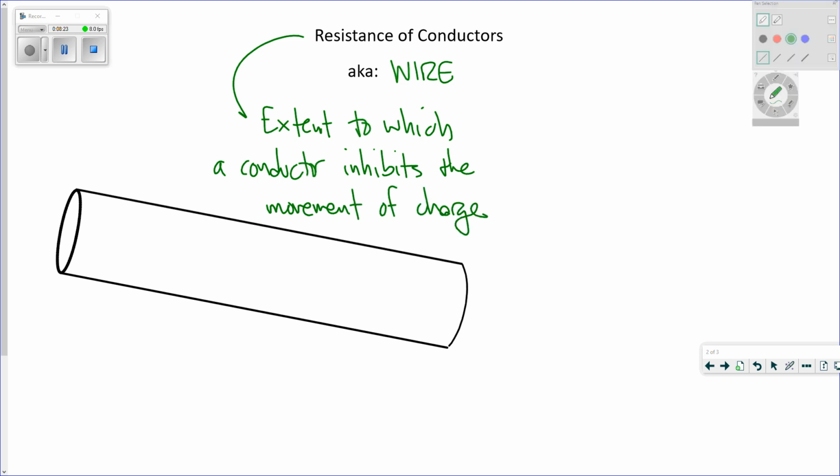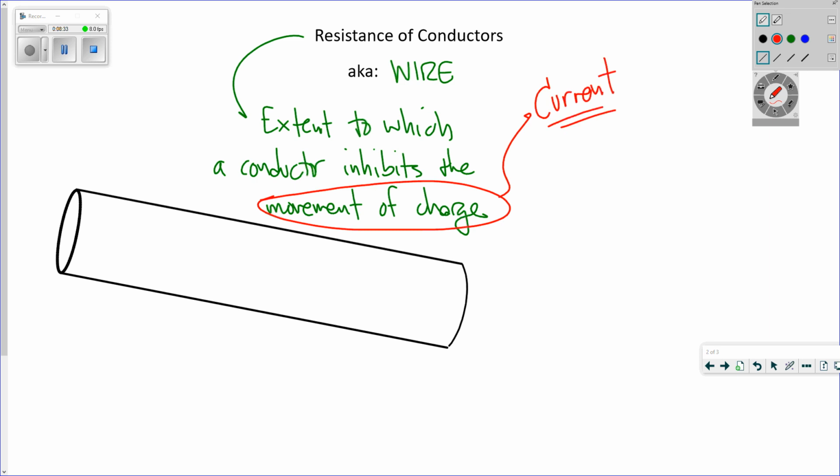We've actually just defined something else. Movement of charge, we call that current, electrical current. So resistance is the extent to which a conductor inhibits current.